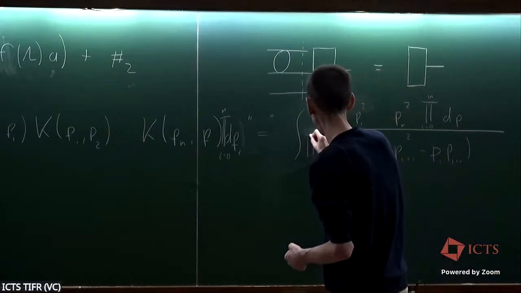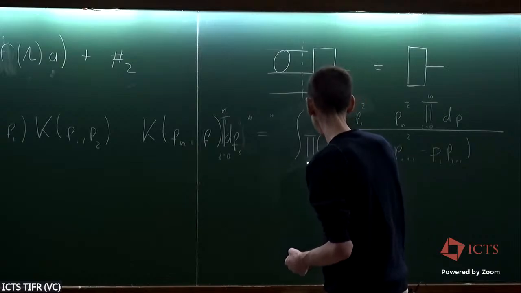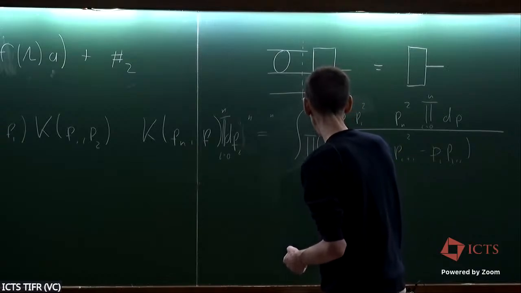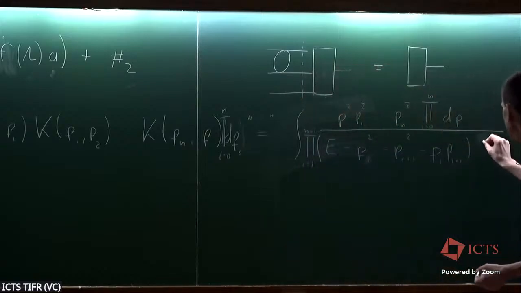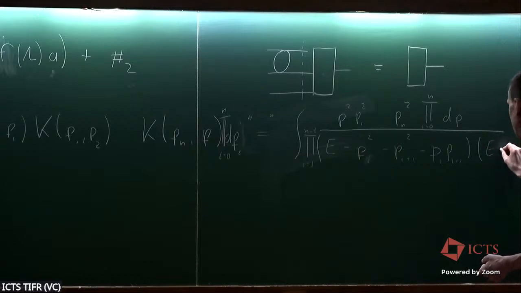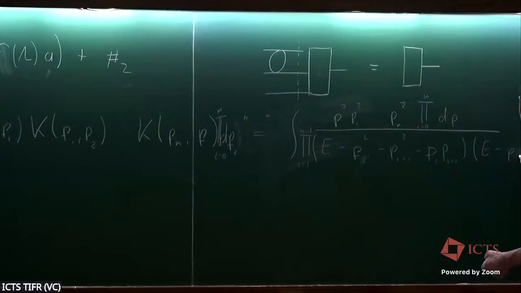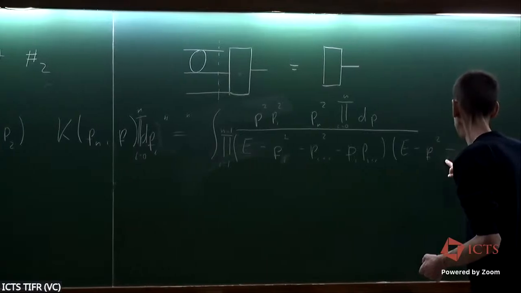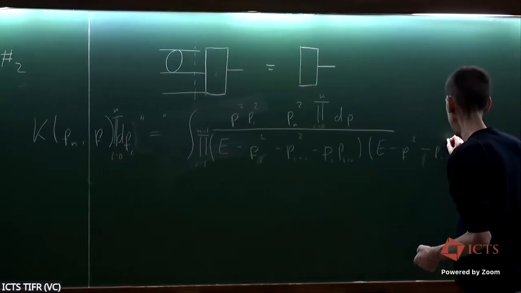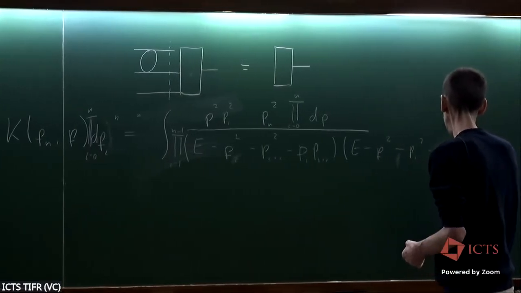That as a product of i equal to 1 to n minus 1 times E minus a P squared minus P1 squared minus P1.